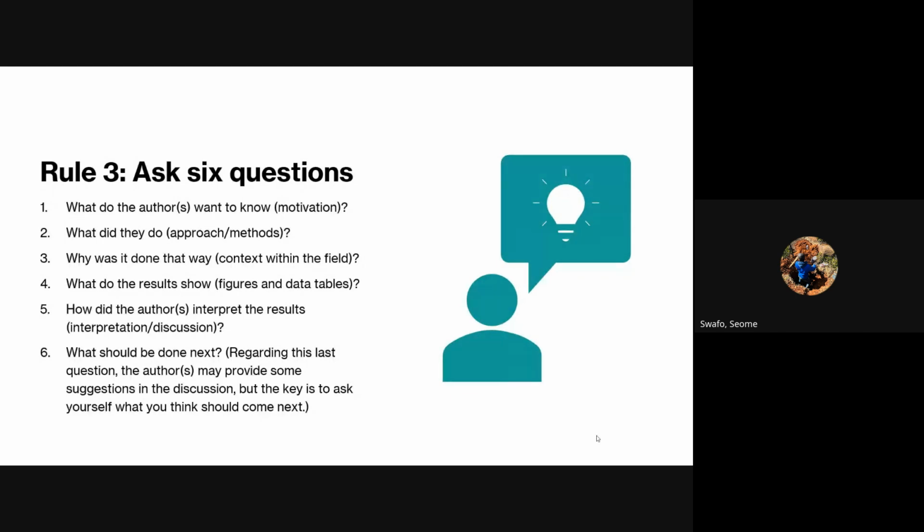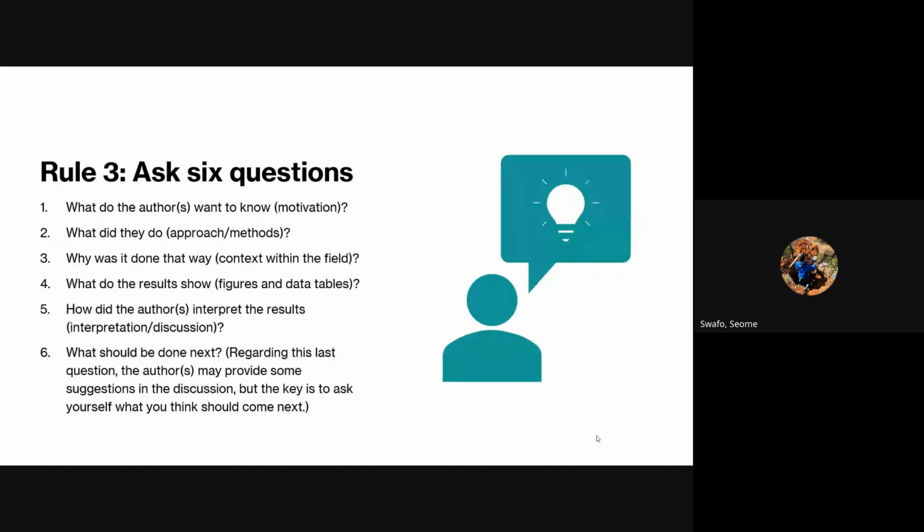And then once you know the motivation behind that article, you need to ask yourself, what was the approach? If they had this motivation and they were building on other works, is their method similar to those other methods, or maybe they changed something? What was actually the approach?